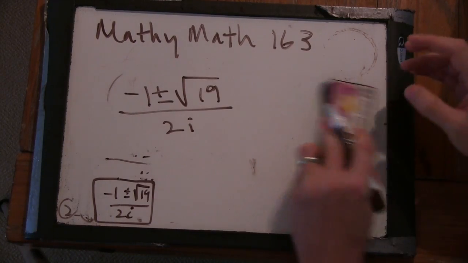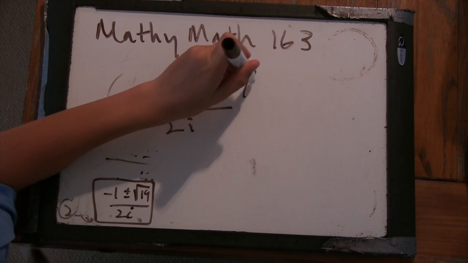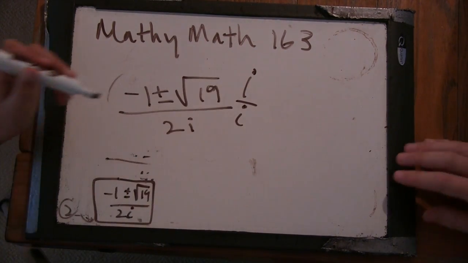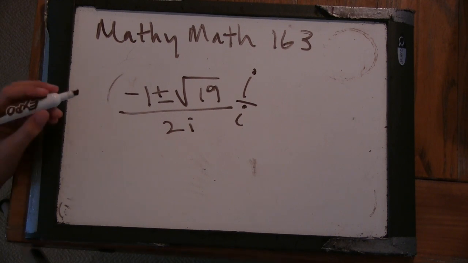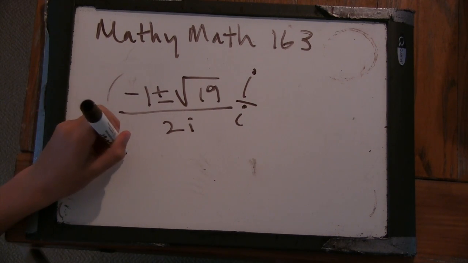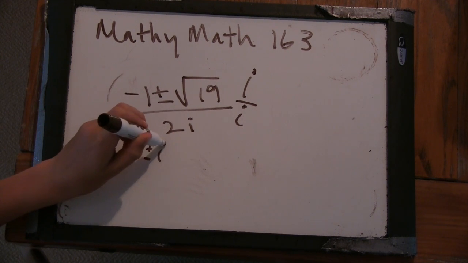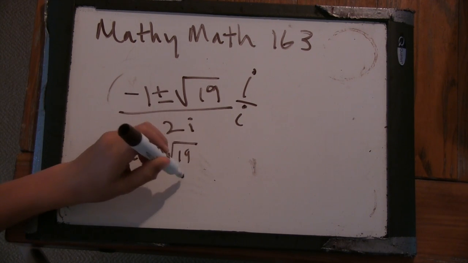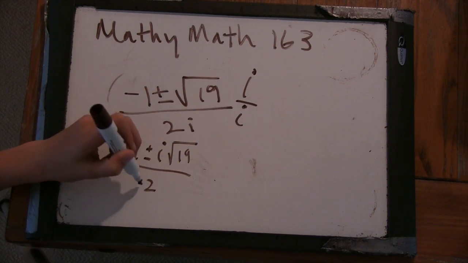So we can just multiply by a form of 1. All right. i over i. Okay. And what does that turn our expression into? So I think it goes minus i plus or minus i root 19 over 2, over minus 2.